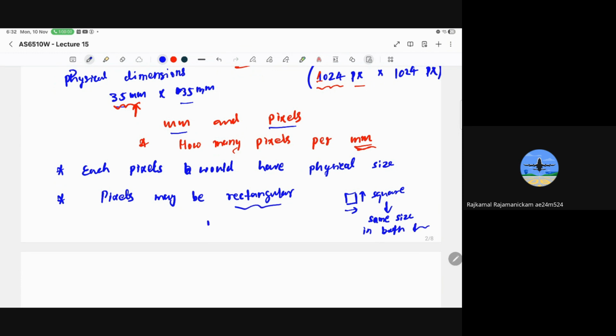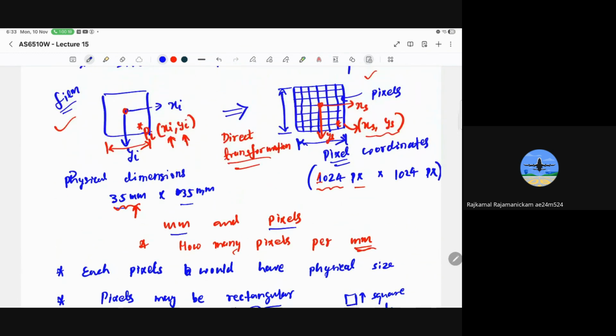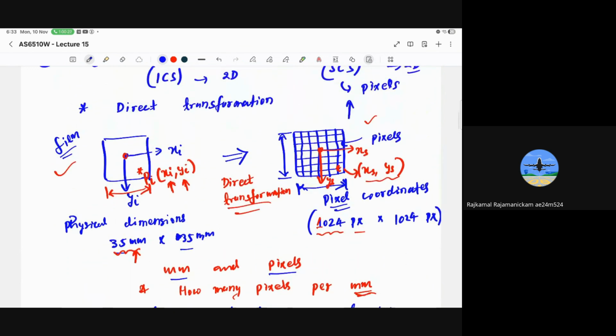If it is rectangular, like this, then this dimension will have a higher physical dimension and this one a lesser physical dimension. The problem because of this is that the pixel density you calculate in the x-axis will be different from the pixel density in the y-axis.